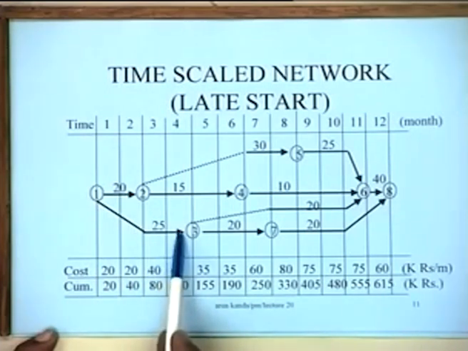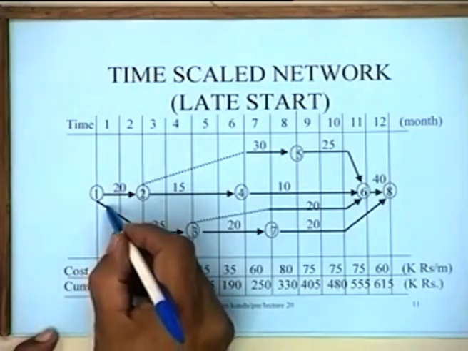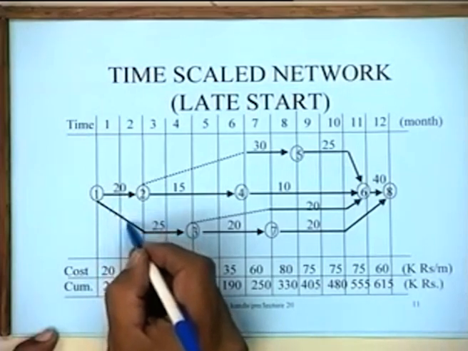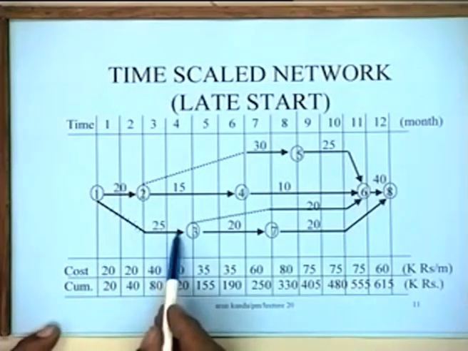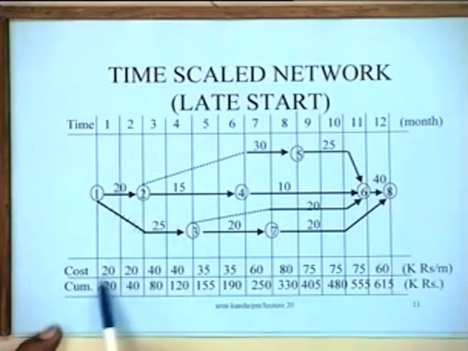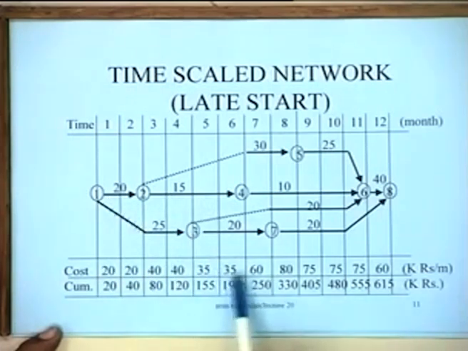It's the latest possible schedule. So this is actually a dotted line, really, this one, this one. This is a late start schedule. This particular activity takes 2 periods. So these figures are okay. 20, 20, 40, 40, and then 35, and so on.